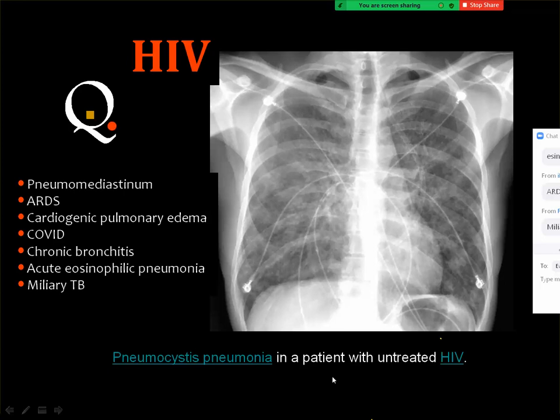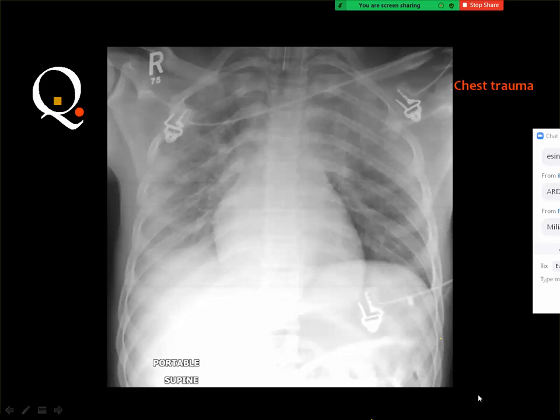Then we will have the CT scan to confirm the distribution of the opacities and to reach the diagnosis. Then this is not miliary TB because these are alveolar lesions. They are not miliary opacities.